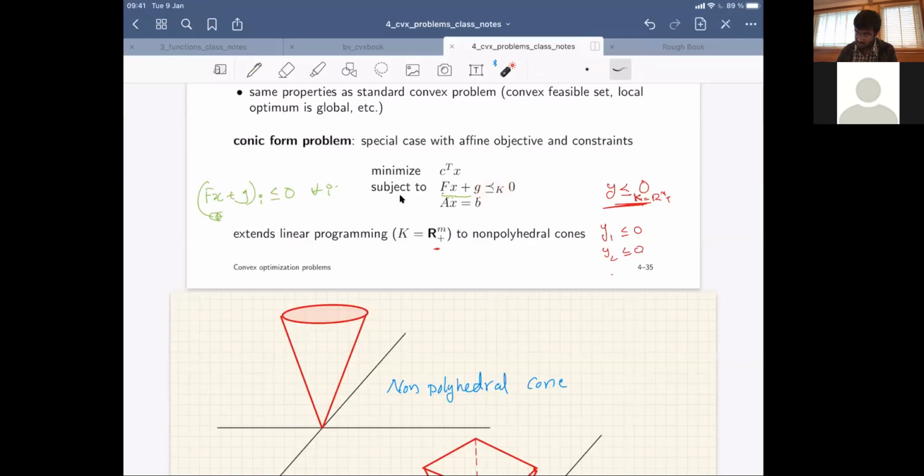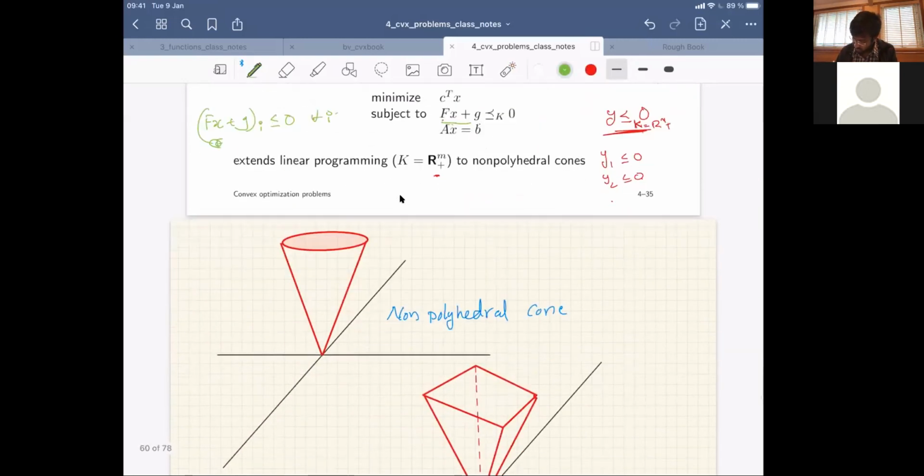Let's say I'm comparing two vectors with respect to this cone R plus, which will be R2 plus. The vector that I'm comparing need not be in this. For comparison I am using a cone that is R plus.